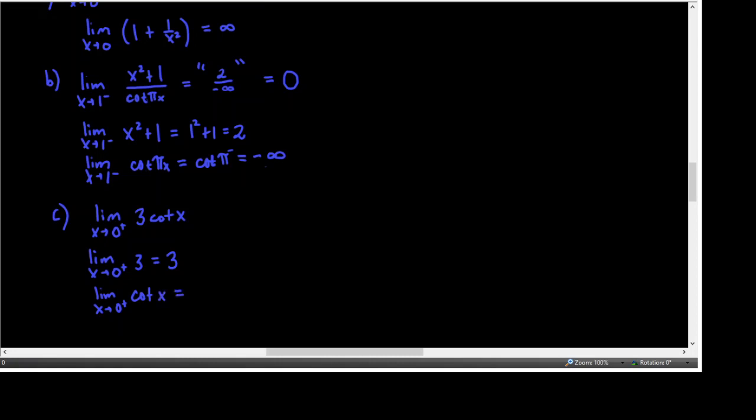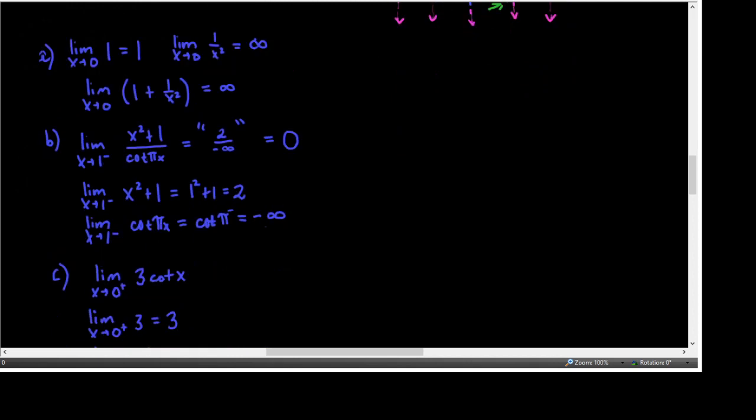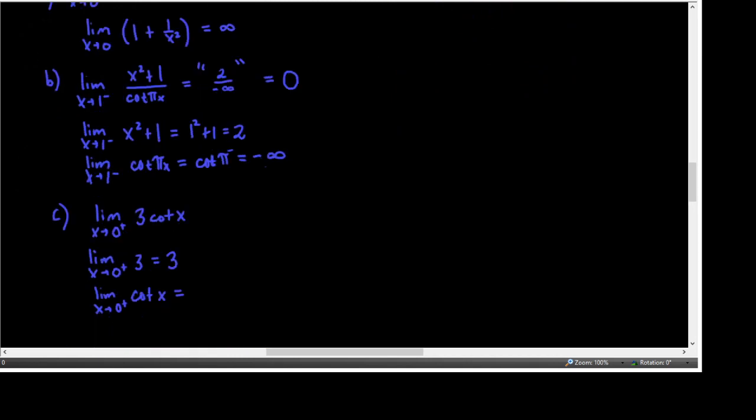This is what I would have done above instead of writing cotangent of pi from the left. So look at the graph of cotangent we did. We're approaching 0 from the right side, getting closer and closer to 0, and that's heading towards +infinity. Okay, let's go back down here, and that's +infinity.